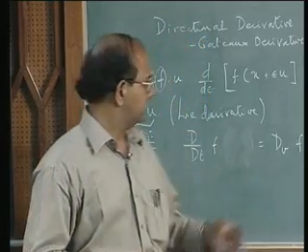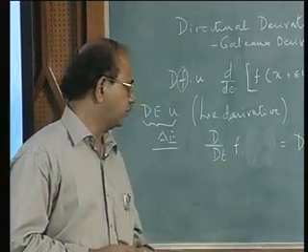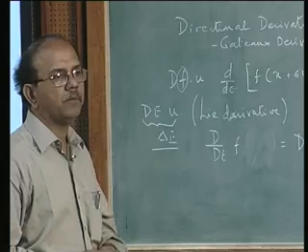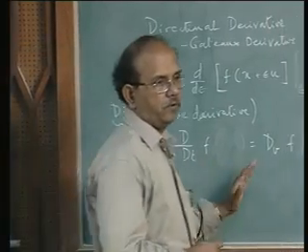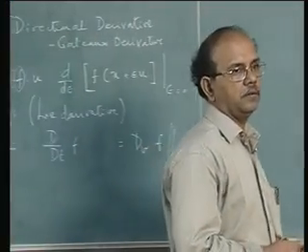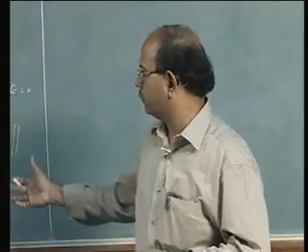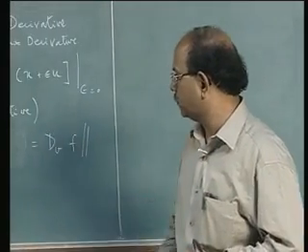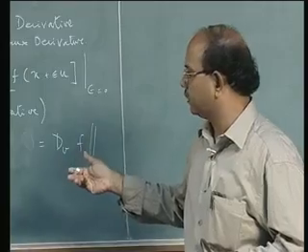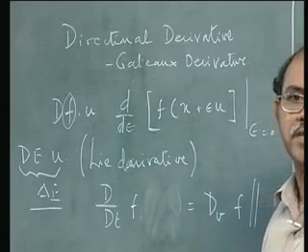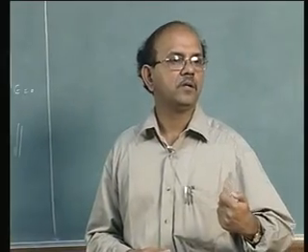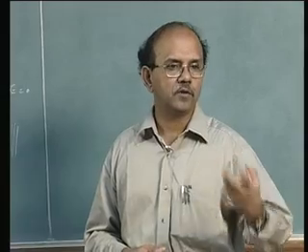People who are interested in further proofs can refer to a book by Wood on nonlinear elasticity, if I remember right. So I'm not going to derive that further, but I just want to state that the Lie derivative or Lie time derivative is nothing but the derivative taken along a particular velocity.